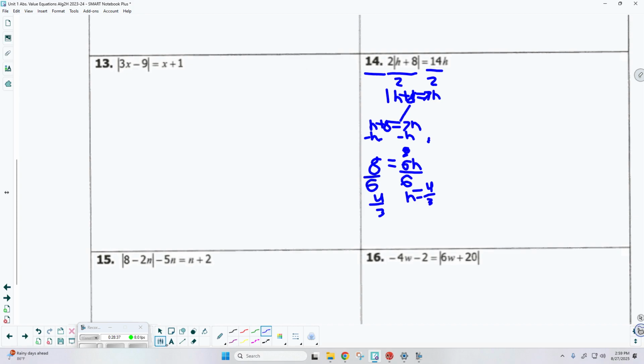Now remember, that's one equation. What would the other one be now? So he says h plus 8 equals a negative 7h. That's perfect. Take the opposite of that polynomial.